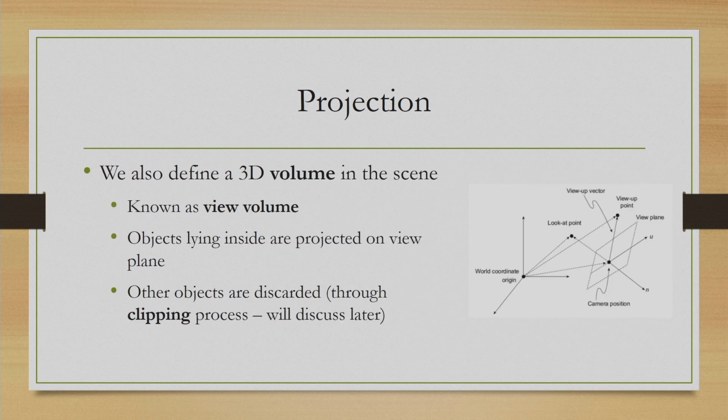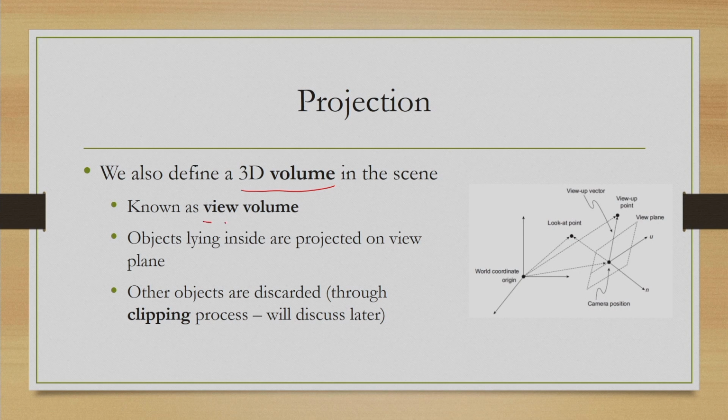There is a third component also. We also define a 3D volume or a region in space in the scene. So, there is a scene, and within that scene we are defining a 3D volume. This is called the view volume.